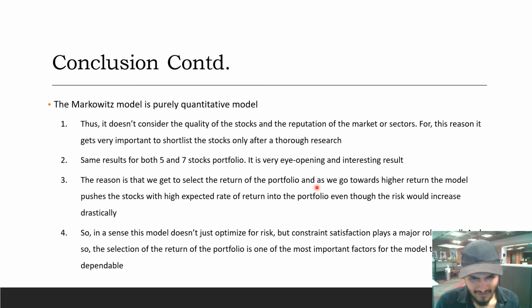So in a sense, this model doesn't just optimize for risk, but the constraint satisfaction also plays a major role within the model. And so the selection of the rate of return of the portfolio is one of the most important factors for the model to be dependable.